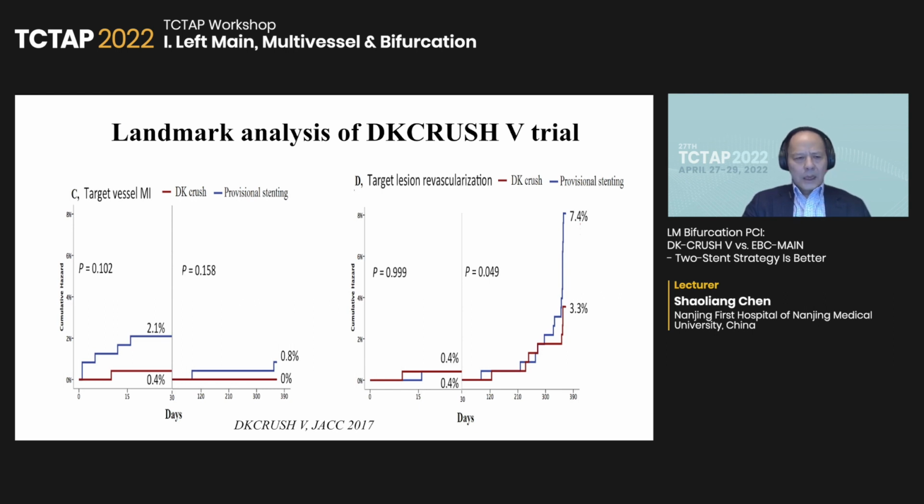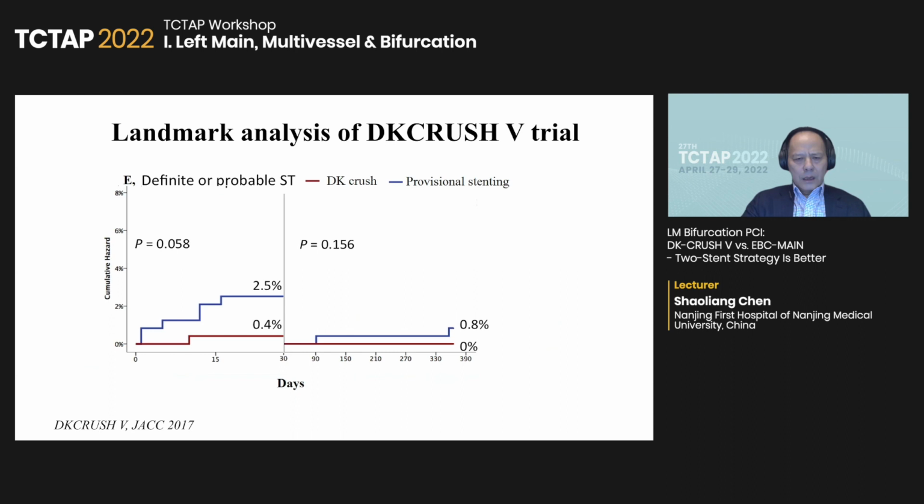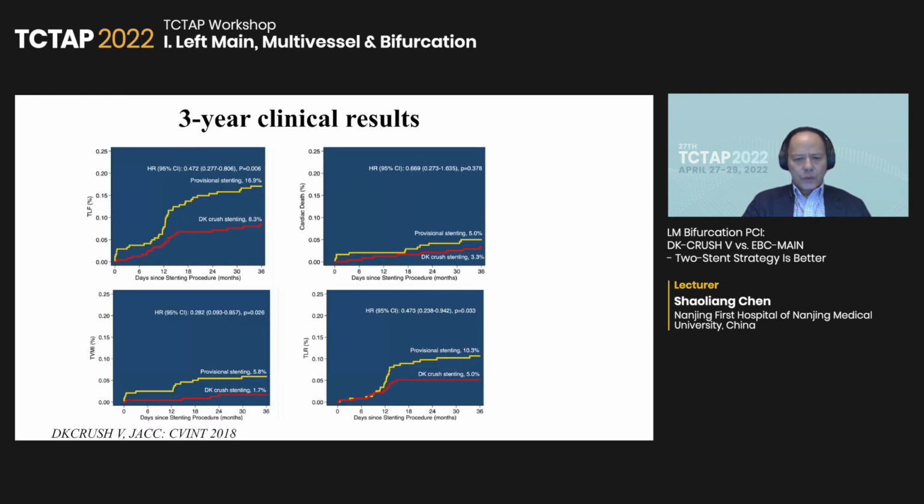Again, from the Kaplan-Meier survival curve, you can see most of the patients who underwent TLR came to hospital after 7 months. So I think the high rate of TLR after provisional was not mainly driven by an increased number of routine angiography. Here I also showed the distribution of definite and probable stent thrombosis before and after 1 month between the two groups.